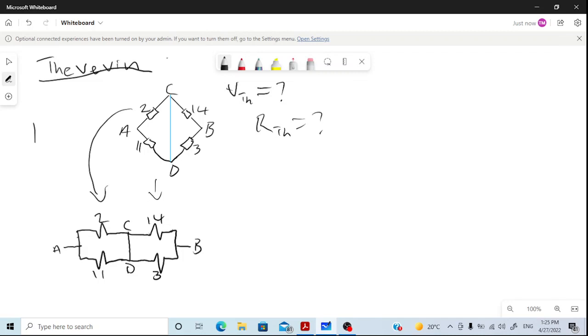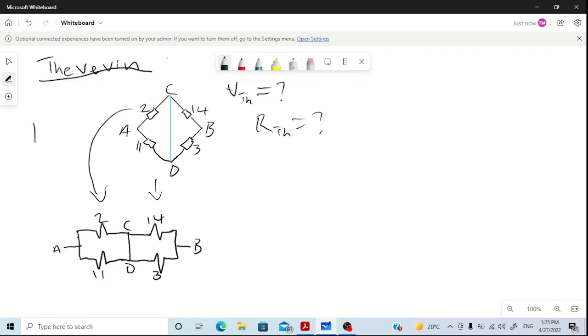So the 2 ohm resistor is sharing C, and it's also sharing A with the 11 ohm resistor. Why am I saying that? CD is one line, so point C and point D can be taken as a common point.